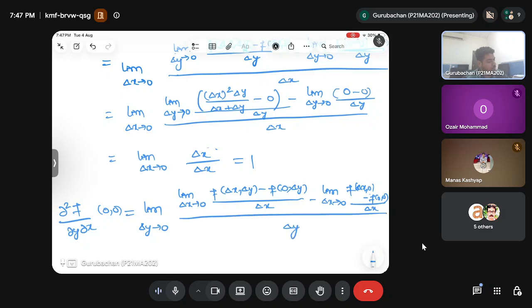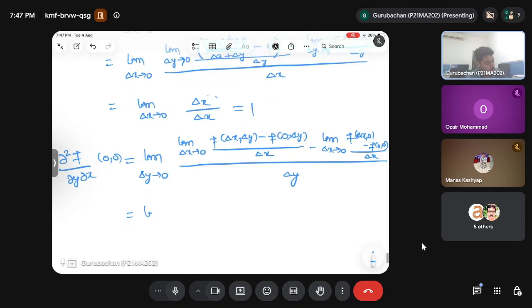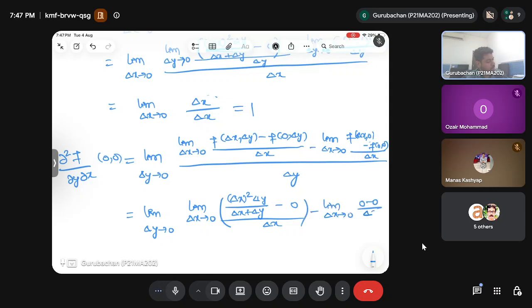Is it clear to everybody? If you are getting any problem, kindly stop me and ask. So this one will be limit delta x tending to 0, delta x square delta y divided by delta x plus delta y, minus 0, divided by delta x, minus limit delta x tending to 0, 0 minus 0 divided by delta x, whole divided by delta y.